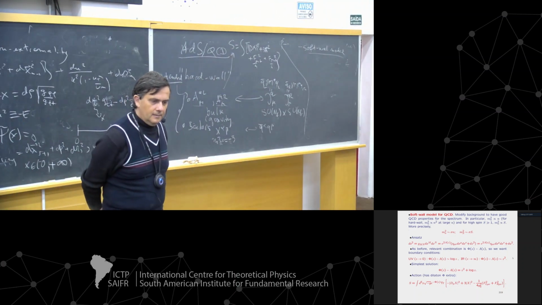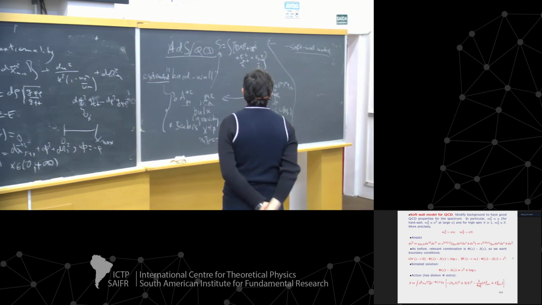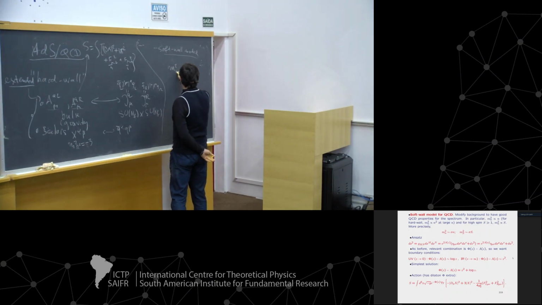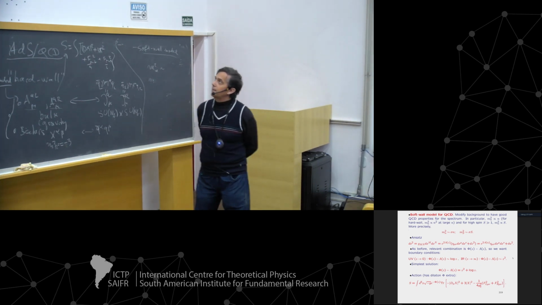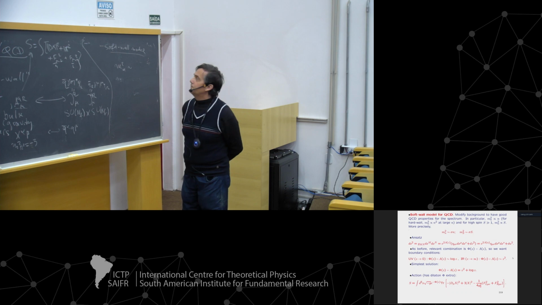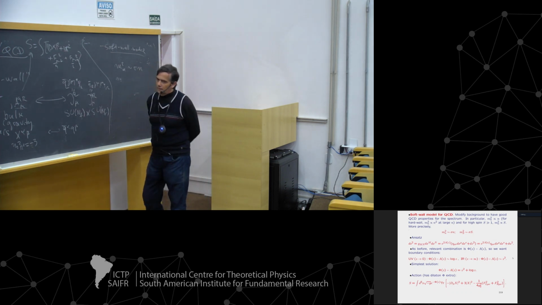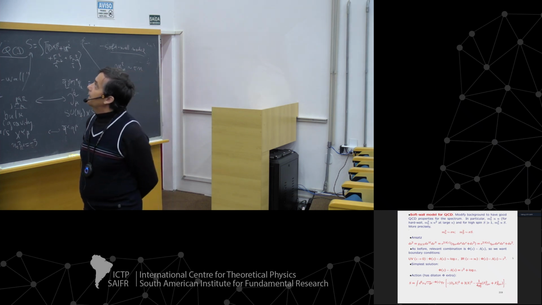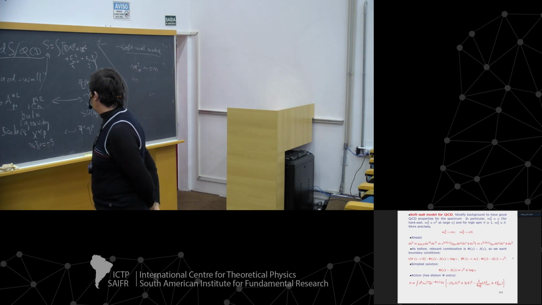But then for the soft wall model, the phenomenological thing that we want to obtain is that the mass tower of states goes like n instead of n squared for the hard wall model.